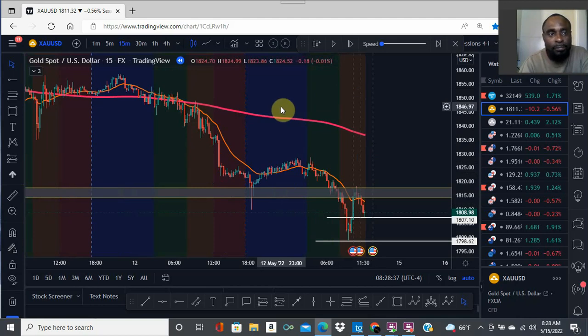But look at this. If we look on the hour, the 4 hour or the daily, we see price is below the 200. So that's telling us we're in a seller's market, so we're looking for sales. And when price came below the 200 here, then we're looking for sales.